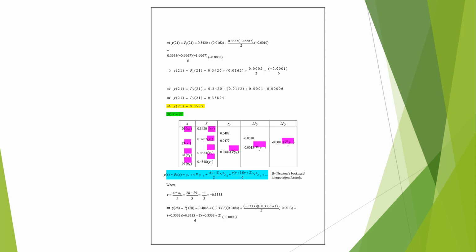So here the formula for Newton's backward interpolation is y of x is equal to yn plus v delta yn plus v into v plus 1 divided by 2 delta square yn plus v into v plus 1 into v plus 2 divided by 6, that is 3 factorial, into delta cube yn plus etc. So here we have to use the backward operator, that is nabla.